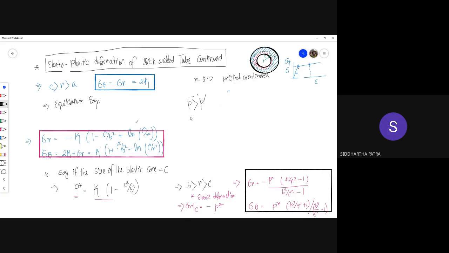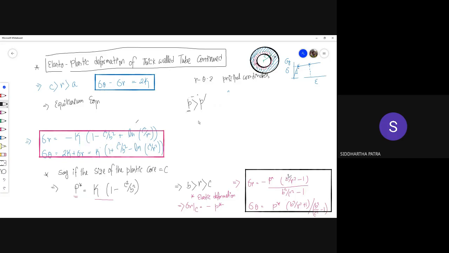Or in other words, what is the value of P required to cause this size of the plastic core? Actually, the second question is easier to answer because of the way the relationship works.